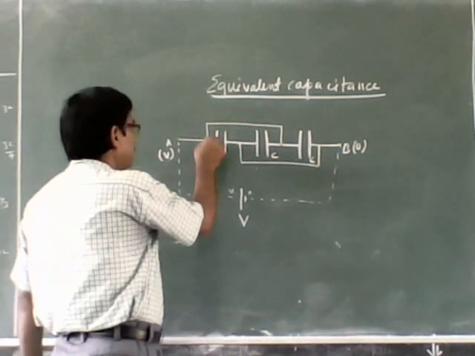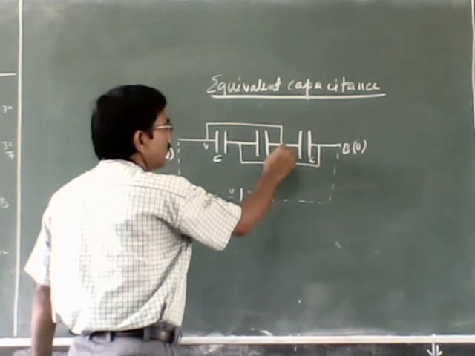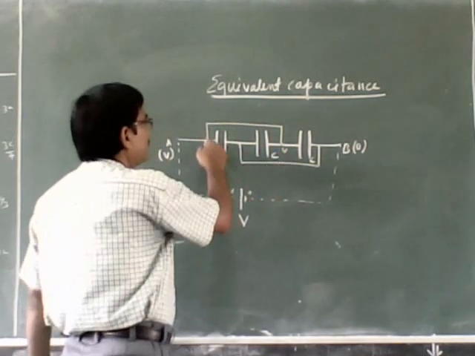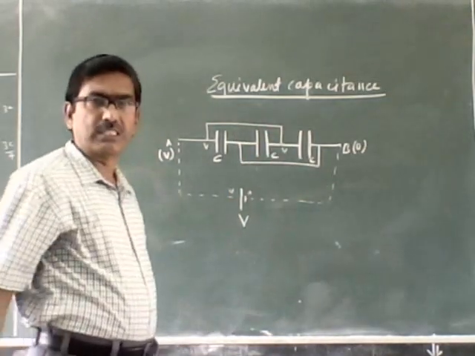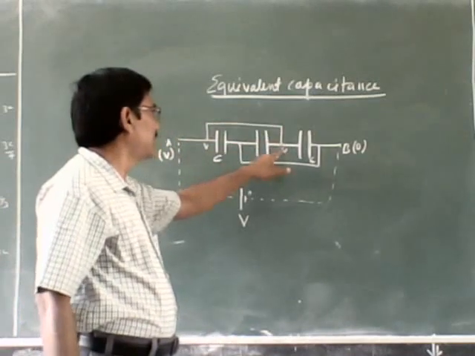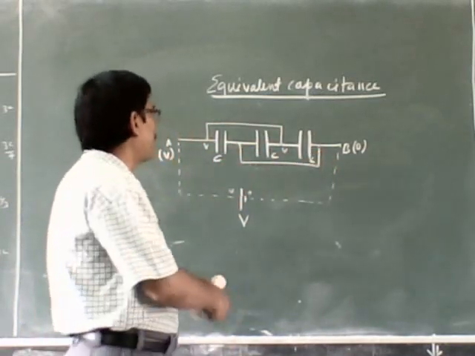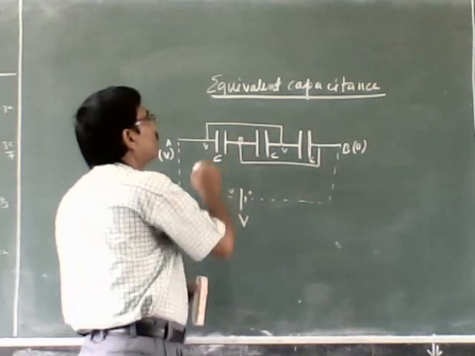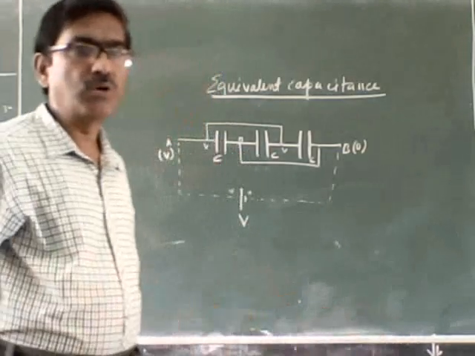This point is also at potential V, because in between there is no capacitor or resistor. So this is called a short circuit connection. And as this potential is 0, this point is also at potential 0. Is it clear?